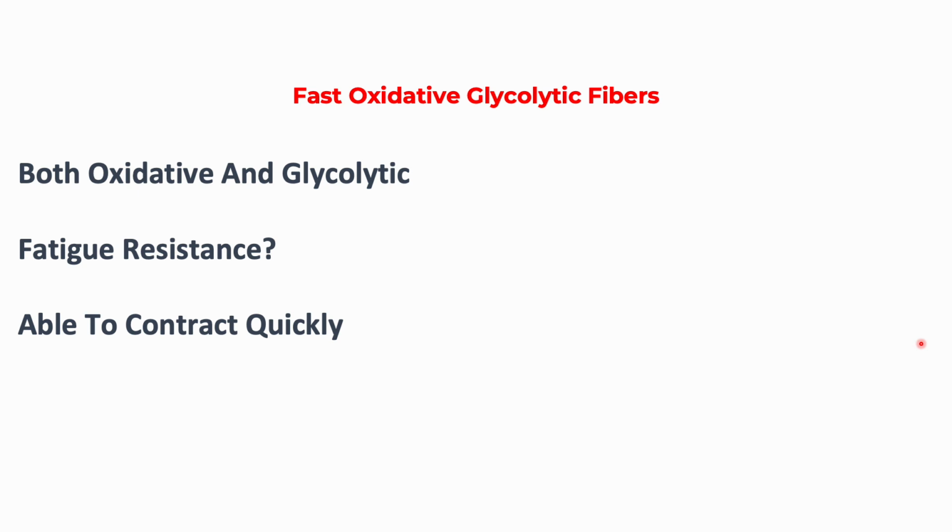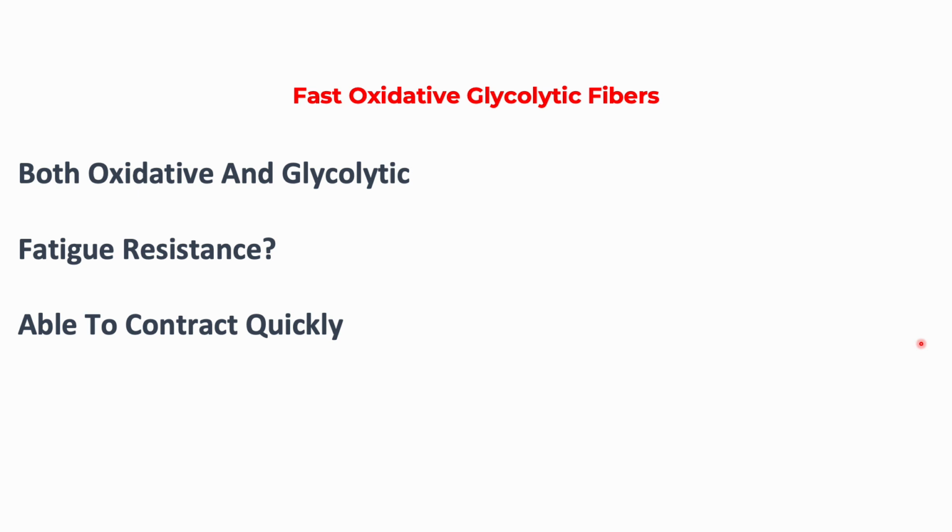FOG fibers would be recruited during activities that require both power as well as endurance, like middle distance running or swimming or even cycling. These types of activities involve a combination of high intensity bursts of activity as well as sustained periods of activity at lower intensities.